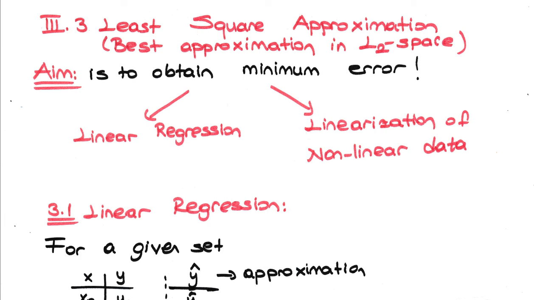This does not mean nonlinear regression. We are considering just, guys, a nonlinear data set. It means that your data set, your experiment, gives you nonlinear behavior, but this does not mean that you are doing nonlinear regression, because nonlinear regression is very complicated, guys.